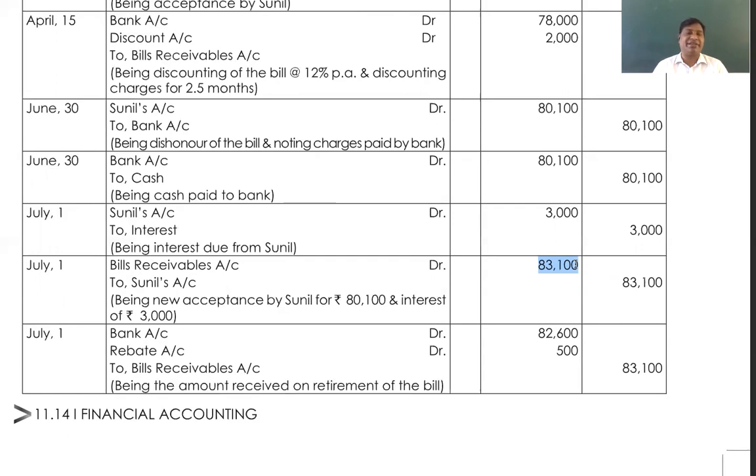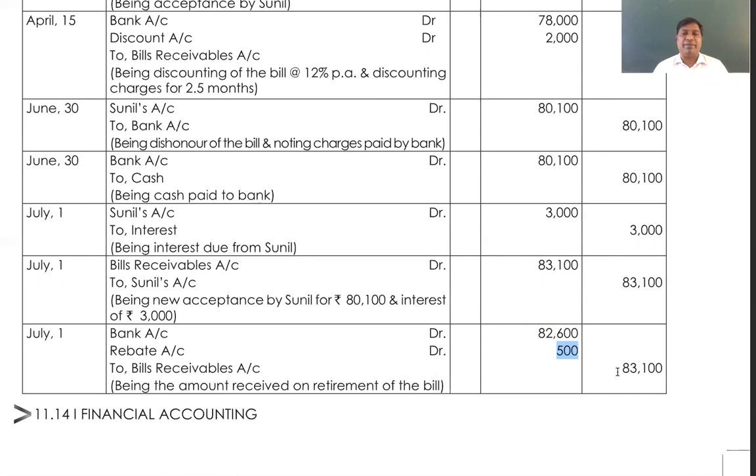500 is a concession given to Sunil by Anil. That means instead of accepting 83,100, he accepts only 82,600. And what about the remaining amount? The remaining 500 is a concession given to Sunil. That's called rebate.